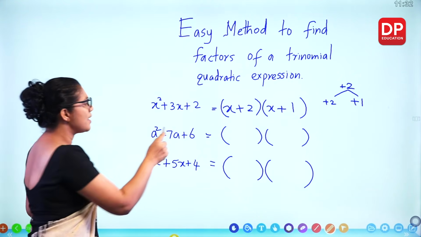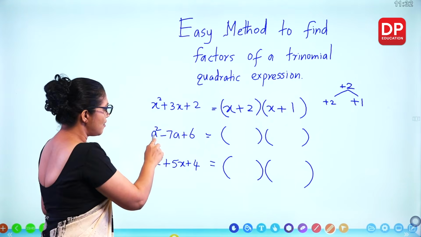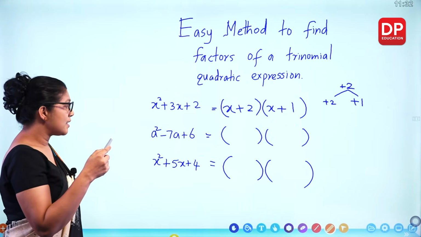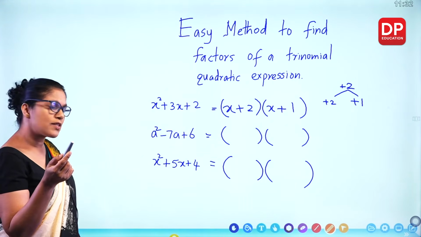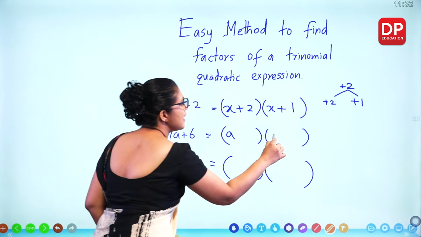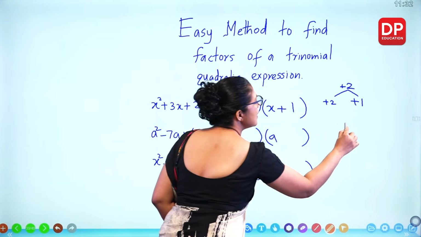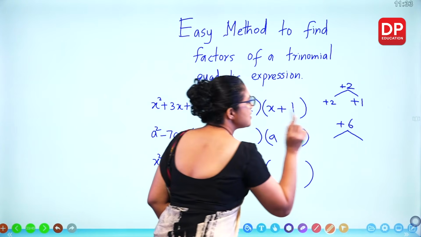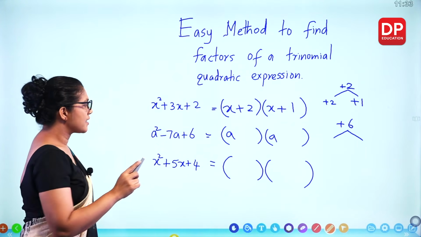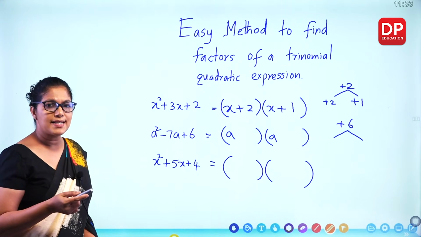Now look at this one, with 6. First, look at the square term, a squared. How can you get a squared? A and a. How do you get 6? This is plus 6. What are the factors of plus 6? When you add the factors, you get minus 7.